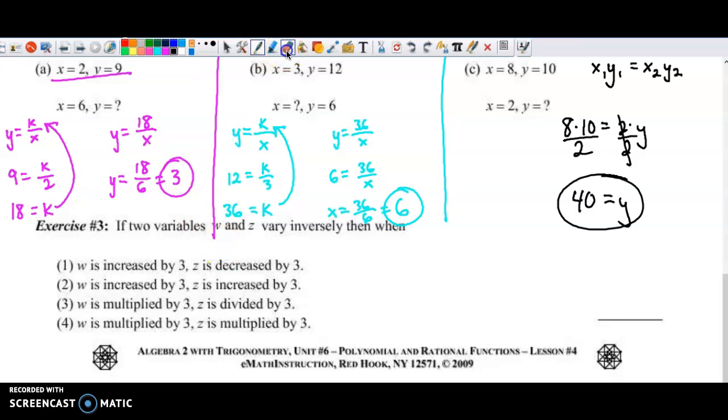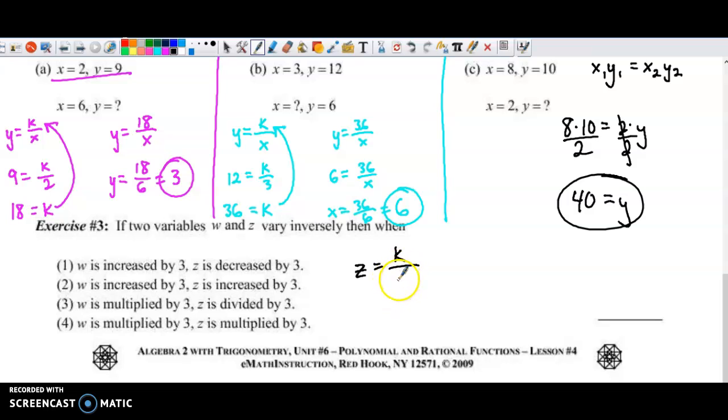So here's another one, that w and z vary inversely. And so what this means, if I were to set it up, I just like the larger variable to be, you can actually switch it around.